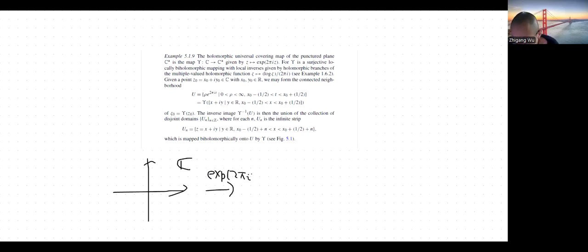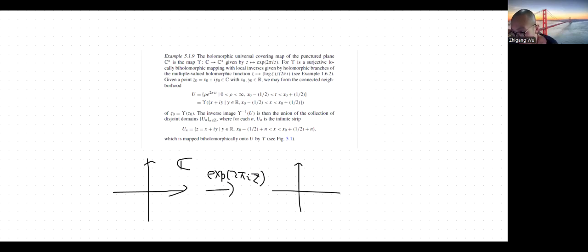The exponential map is just the usual way that you separate the real part and the imaginary part. For the real part, you define it to be the radius, and for the imaginary part, you define it to be the angle.